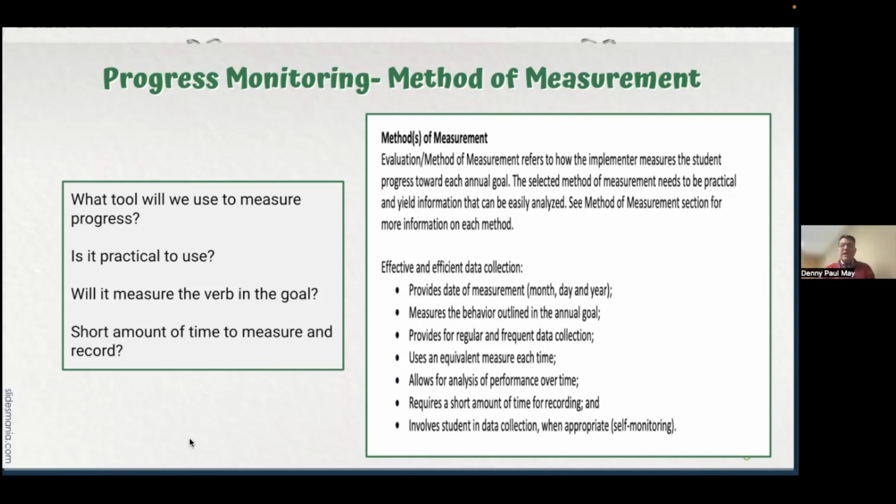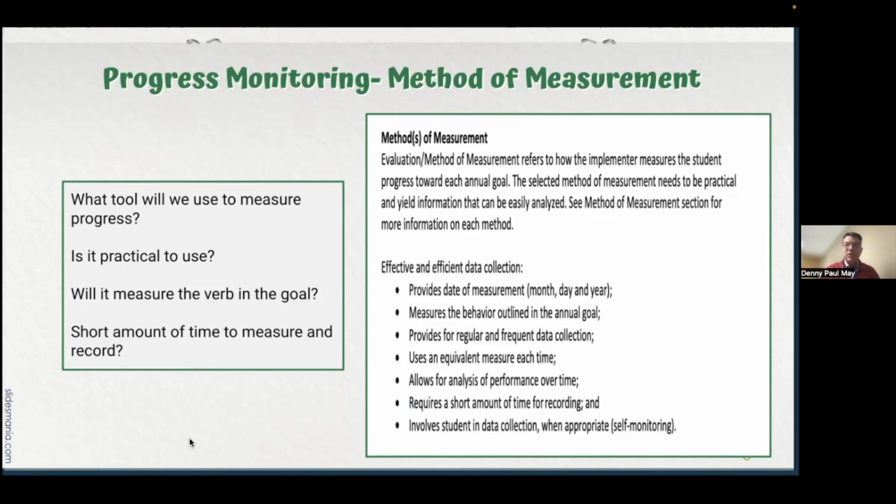So we need to be astute at matching the method of measurement to the particular verb that you're trying to measure. So if you're going to measure the student's ability to read words, you're more than likely going to do a direct observation there, or a direct measurement, which is what is in the Infinite Campus drop-down box.